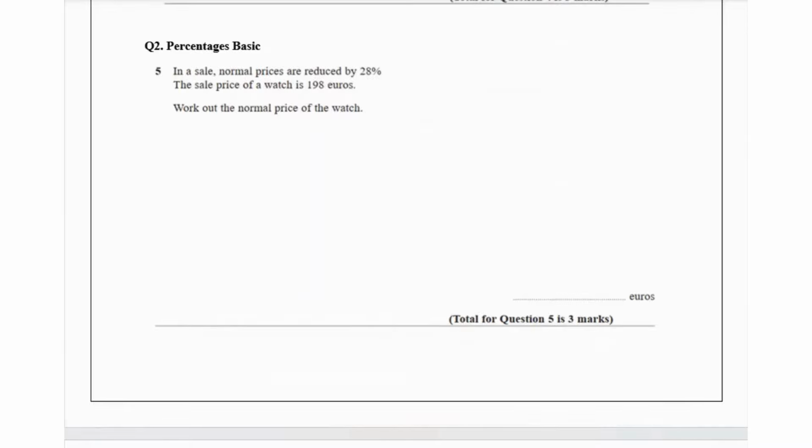So since we have the sale price and they want us to work out the normal price, 198 basically represents 72% of the normal price. So the normal price is X over here. The reason why I wrote 72% of X is because we're reducing the normal price by 28%.